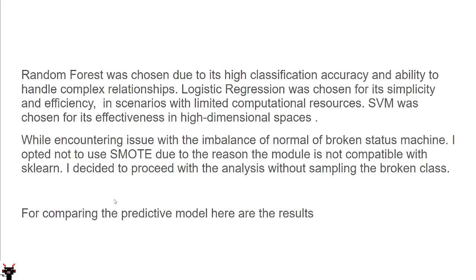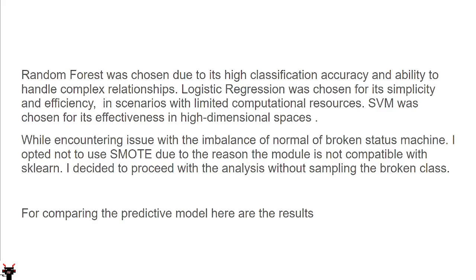The three models I ended up using are random forest, due to high classification accuracy and ability to handle complex relationships. Logistic regression was chosen for its simplicity and efficiency, and SVM was chosen for its effectiveness in high-dimensional spaces.